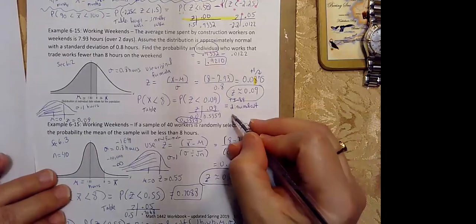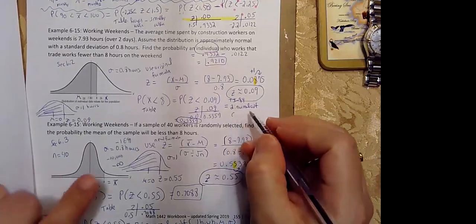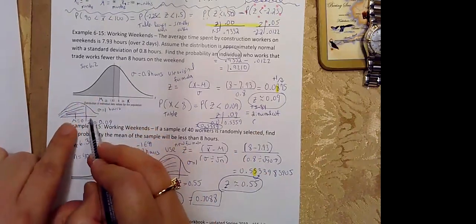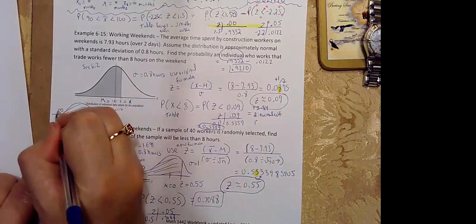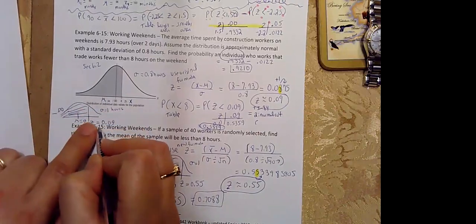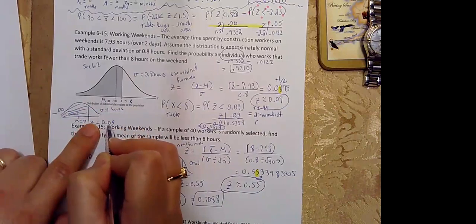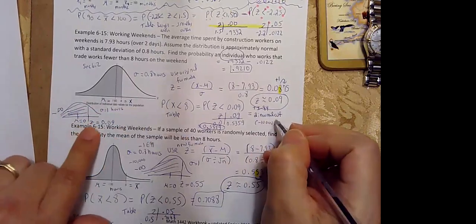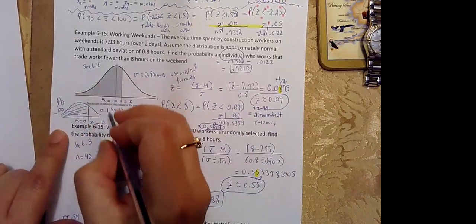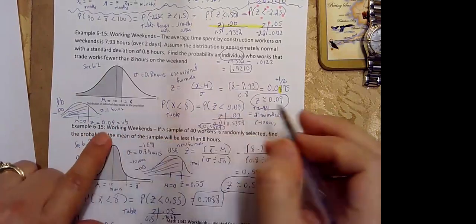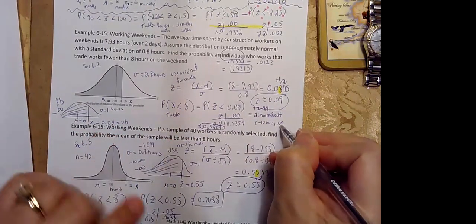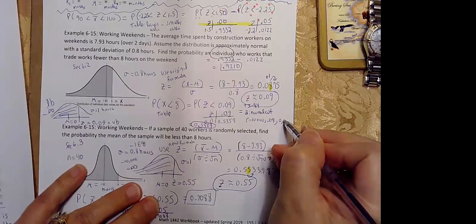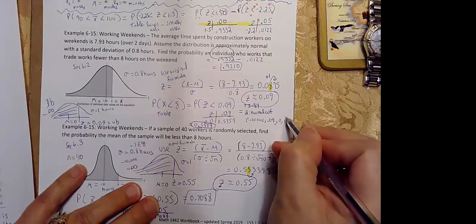I'm just going to put the lower bound. Remember to be careful not to look at the original, but look at this. You read it from left to right, so it's negative infinity all the way to 0.09. You can use negative 10,000 as your lower bound, and 0.09 is your upper bound. Mu is 0, sigma is 1.